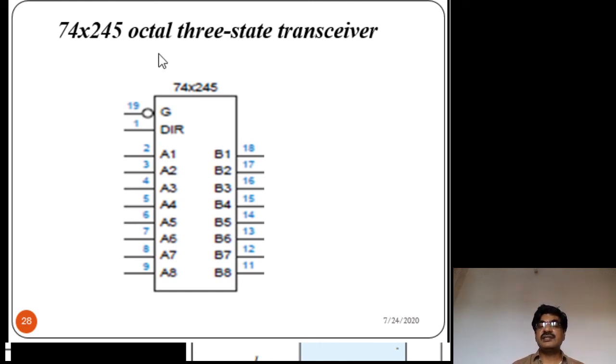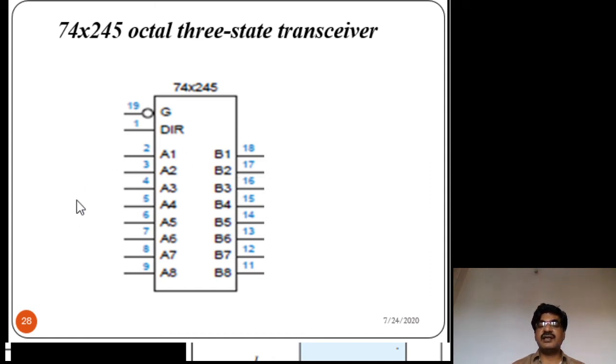Okay, so let us see another IC, that is 74245. This is also an octal tri-state, but a transceiver. It acts as a transceiver. Transceiver means it can transmit and also act as a receiver. It shows both transmitting and receiving actions. That is, it acts as a bidirectional device.